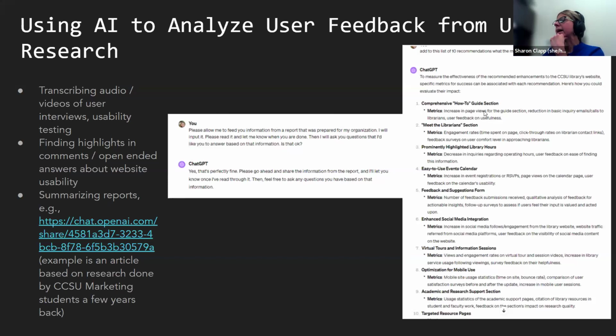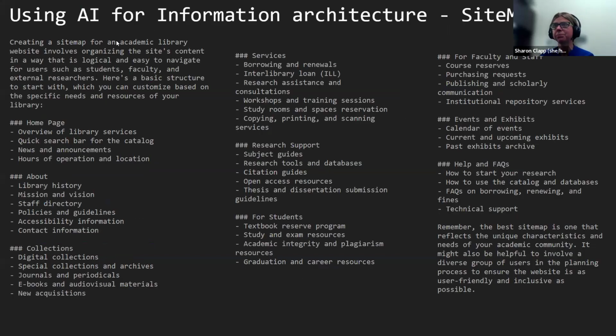I also asked it to come up with metrics: how can we see if what we've done meets the needs? Here it's asking for a how-to guide section on our library website. And then it's saying that the way you would measure your success there is to see the increase in page views for the guide section, reduction in basic inquiries to the librarians, user feedback on usefulness, that type of thing.